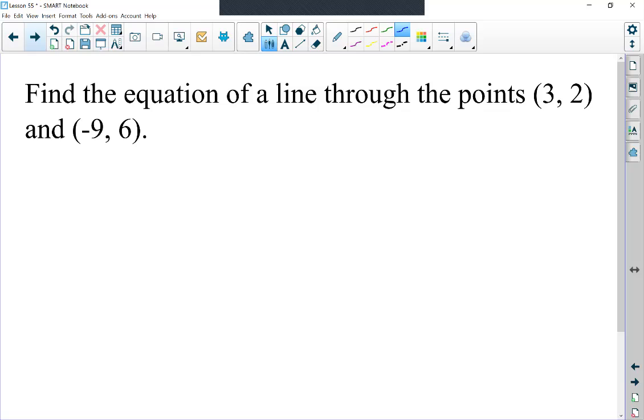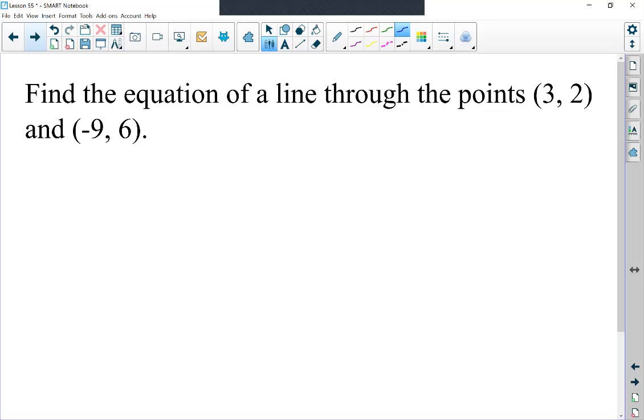And we are going to write our answers in slope-intercept form. You can write it as y equals or f of x equals. They mean the same thing. One just means a function of x, the other actually means the function y in terms of x. So they do mean the same thing.